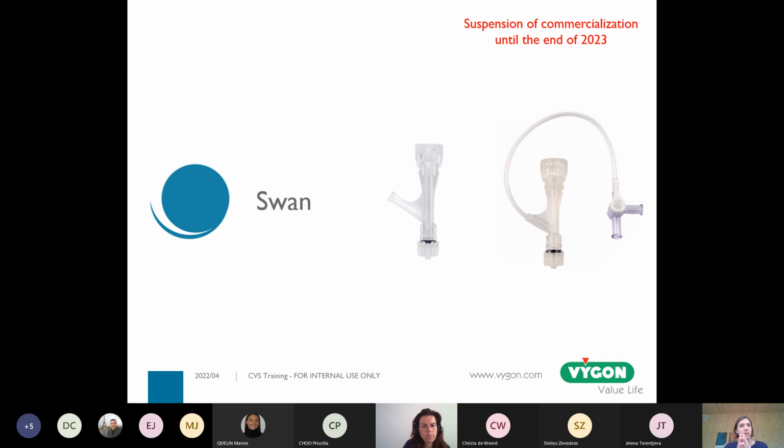Okay, so I have finished with the two connectors which are currently on the market, My Shell and Squid. But we have another Y connector, which is Swan. It was commercialized a few years ago, but the commercialization has been stopped because of a change in the production.